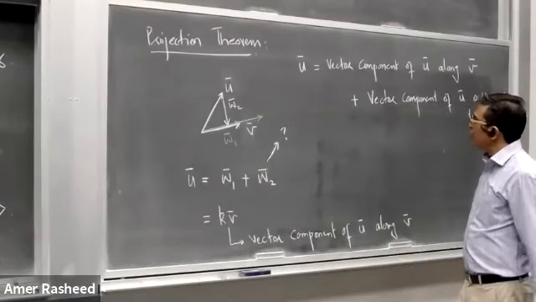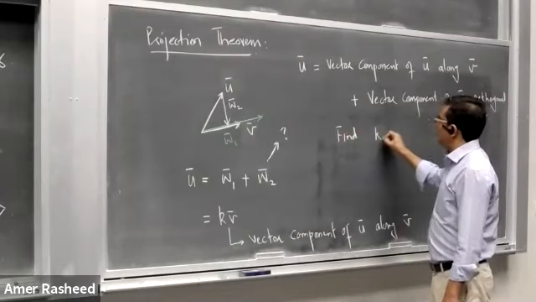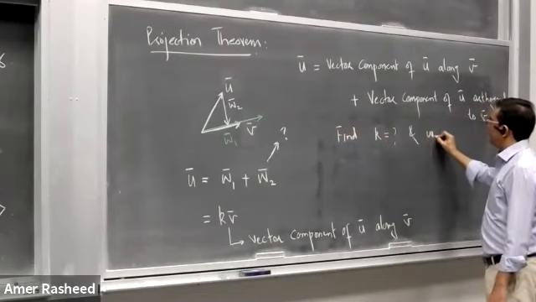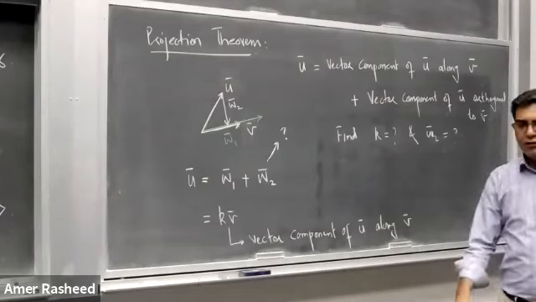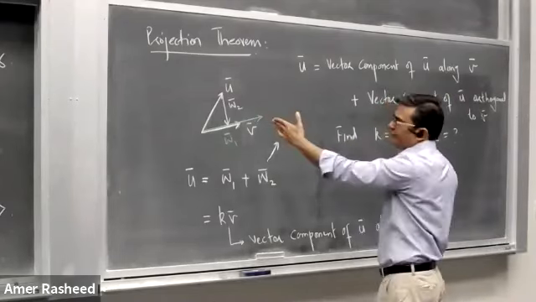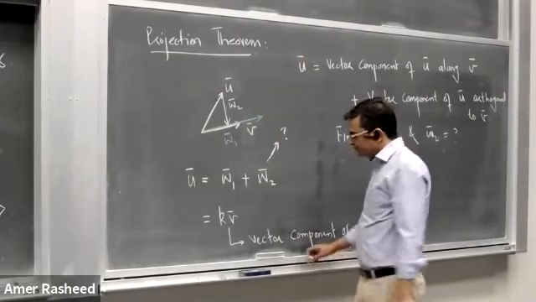So now we are going to find two things. The first one is the value of K, and the other one is the expression for W2. We need these two things in order to find the vector component of U along V and the vector component of U perpendicular to V. So how do we find them?